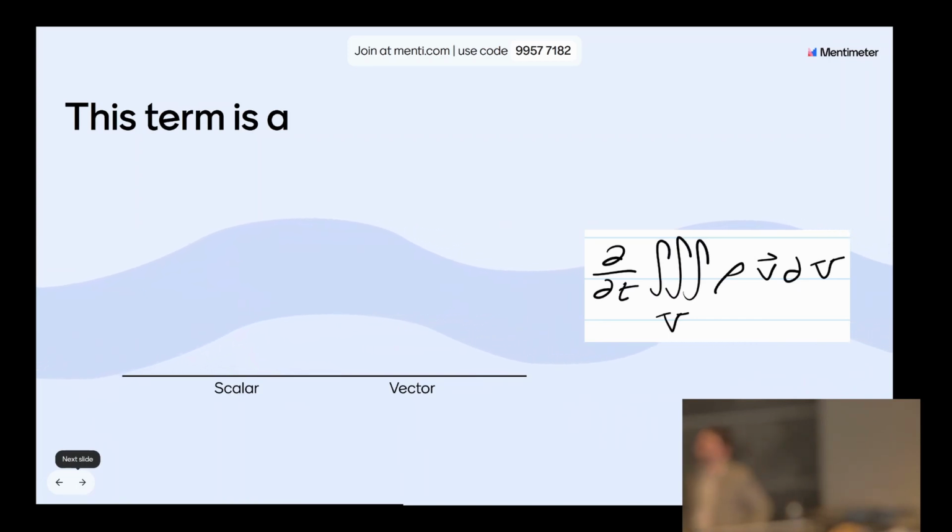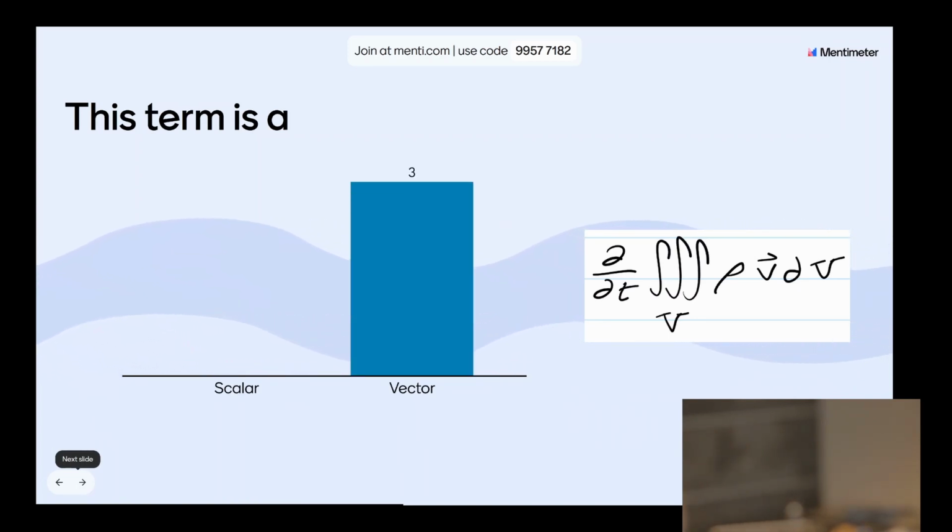What about this term? Okay. Yes, you're all right. It is a vector, because we have a leftover vector in this integrand.